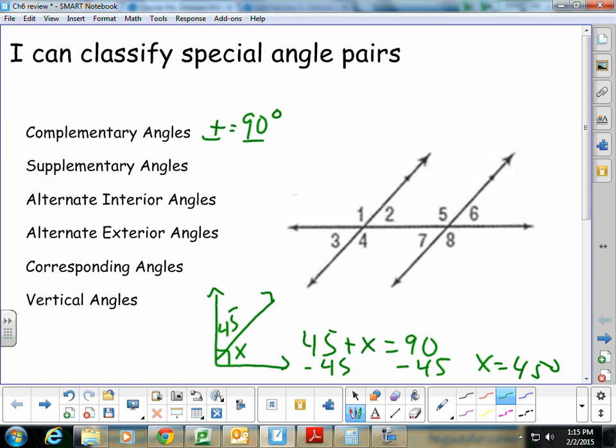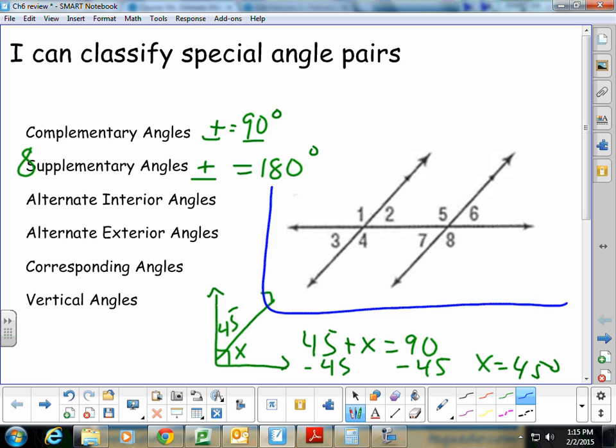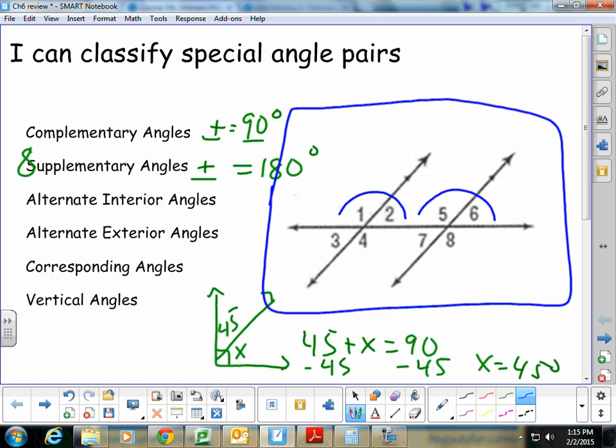Supplementary on the same end. Remember, supplementary, it looks like an 8. Their sum is 180 degrees. On the image here, some examples of supplementary angles would be 1 and 2, 5 and 6, 7 and 8, 4 and 3, just like 1 and 3, 2 and 4, 5 and 7, 8 and 6.